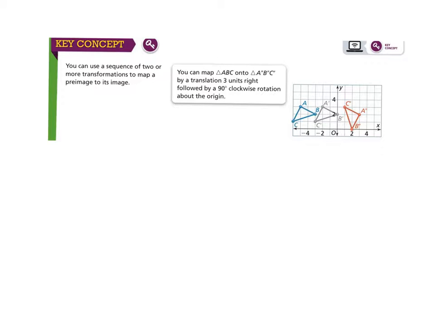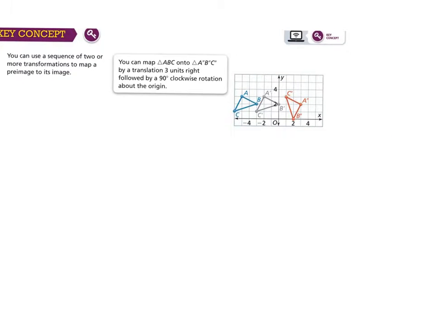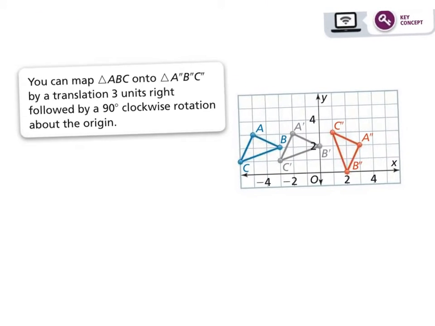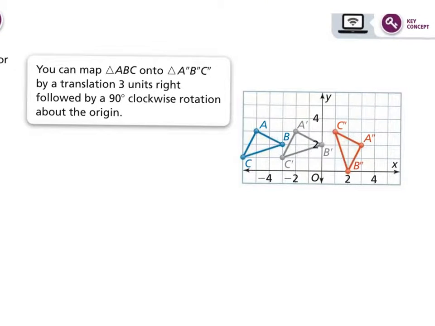So we look at the key concept. Just says you can use a sequence of 2 or more transformations to map a pre-image to its image. This one, here's an example. They did a rotation. So they translated 3 units to the right, and then they did a 90-degree clockwise rotation.